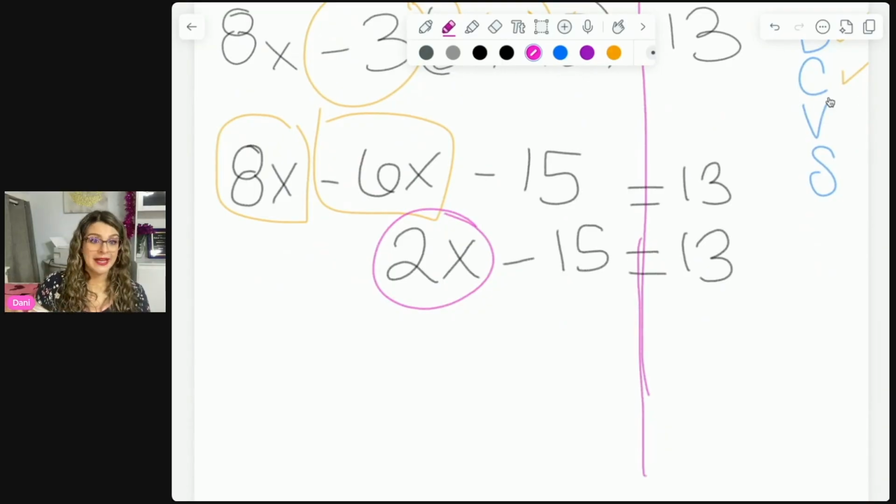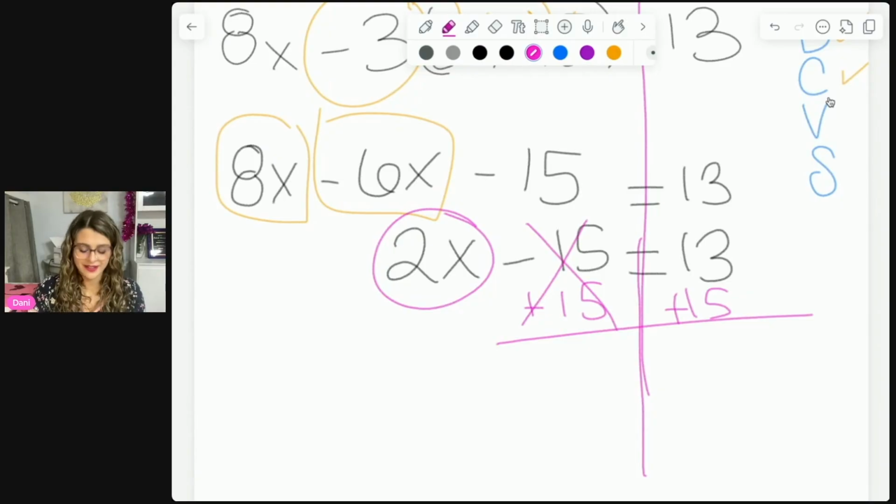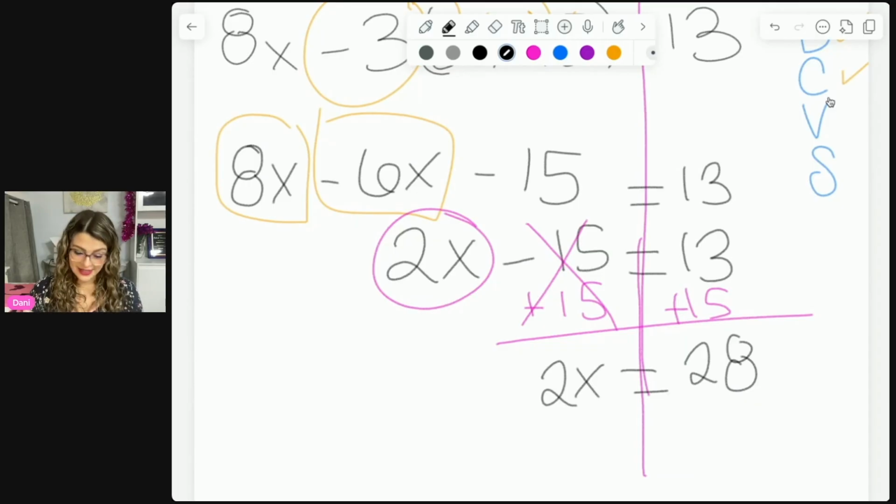How do I move that -15? Inverse, add 15. Cancels out. Oh, I just love canceling it out. It makes me so happy. Bring down my 2x. 13 plus 15 is 28. One last step. Let's divide by 2. And we get x equals 14.